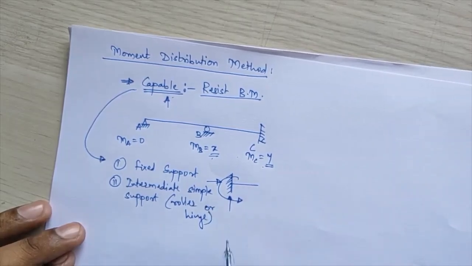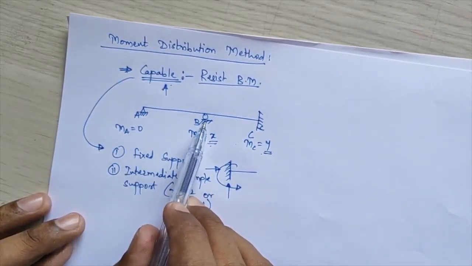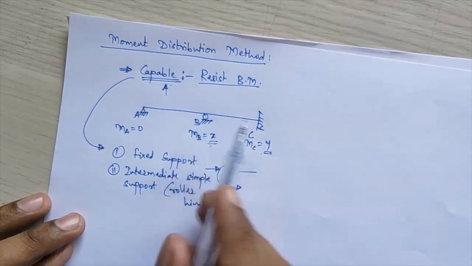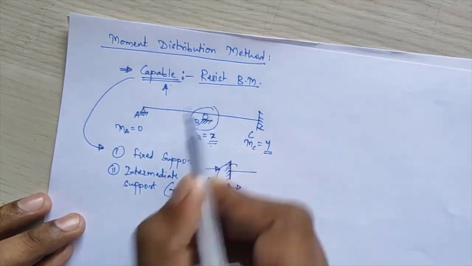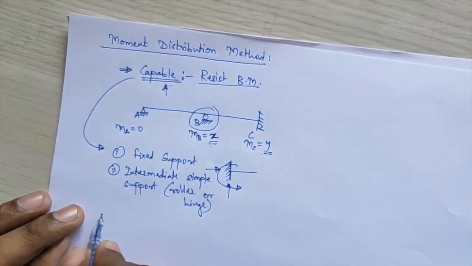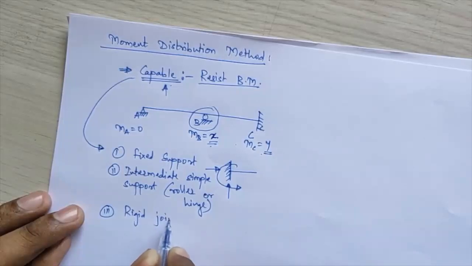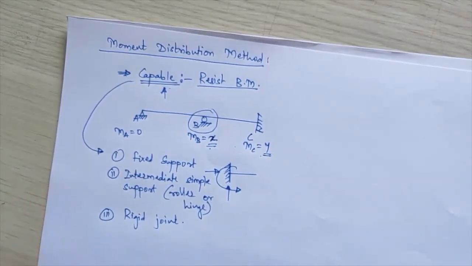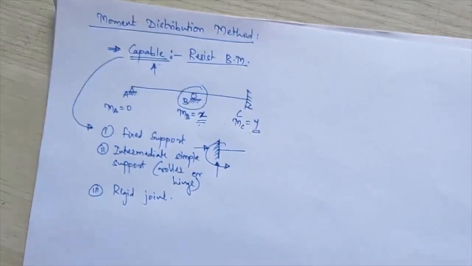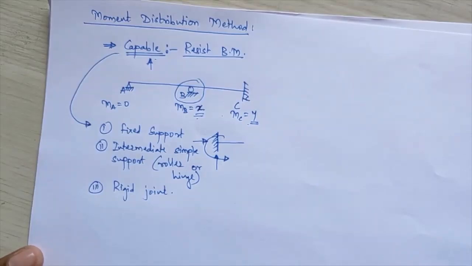Here, the end hinge support is not included, but an intermediate simple support or roller support will be a capable support, that is, it will resist some amount of bending moment. Also, in case of frames, whatever rigid joints you consider are also capable supports. Rigid joints always resist a bending moment, so they are classified under capable supports.